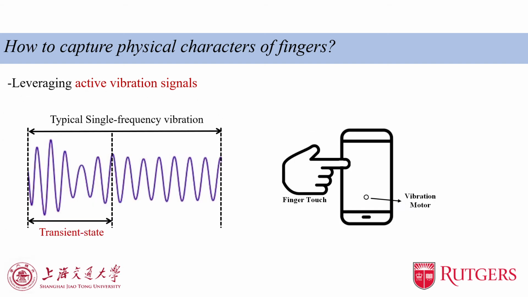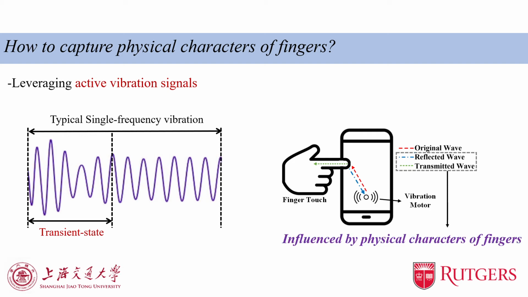So different states have different physical models. For the transient state, the vibration signal is first generated by the motor in the smartphone and then transmitted to the connected part of the user's finger and the smartphone screen, while parts of the signal are transmitted to the finger and other parts are reflected back.